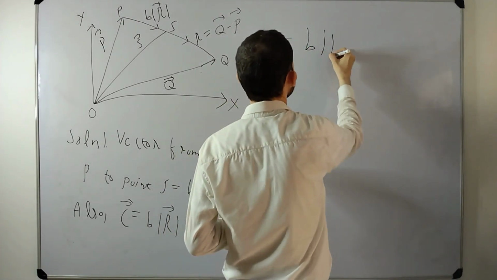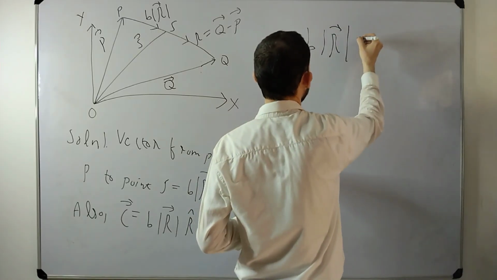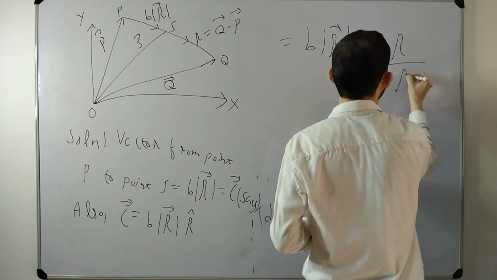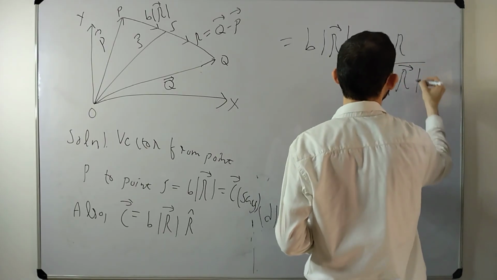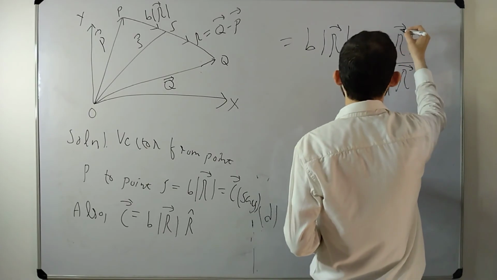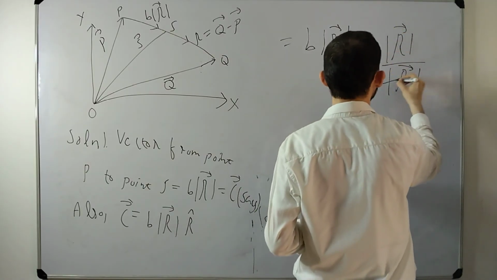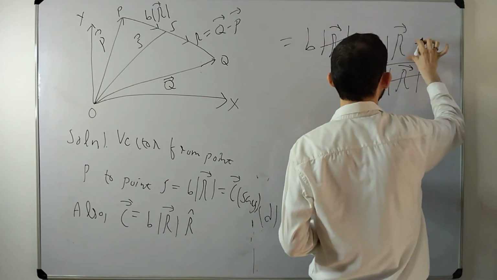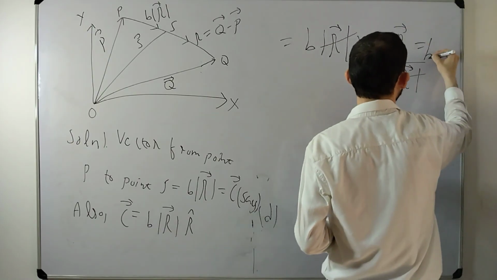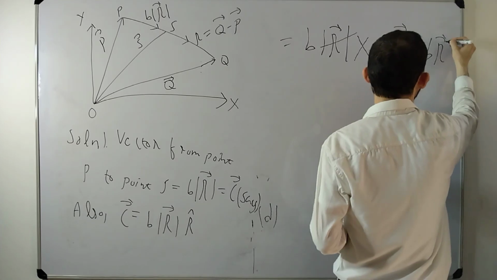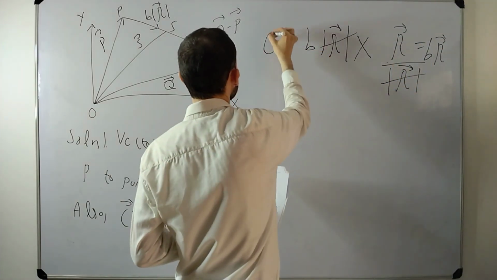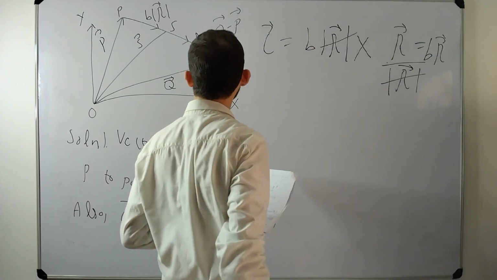B R vector. Now what is the unit vector value? R upon modulus R, and R cap. So can I write this, students? This modulus being divided B. Why have you put modulus here, sir? B R vector without modulus. So C vector value is this.